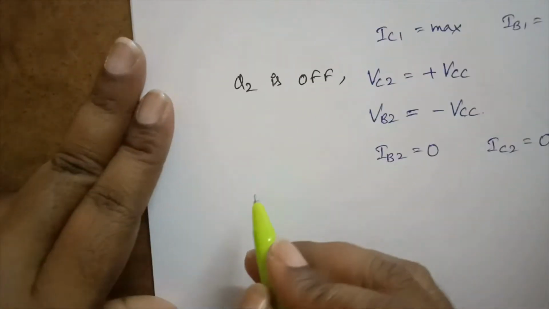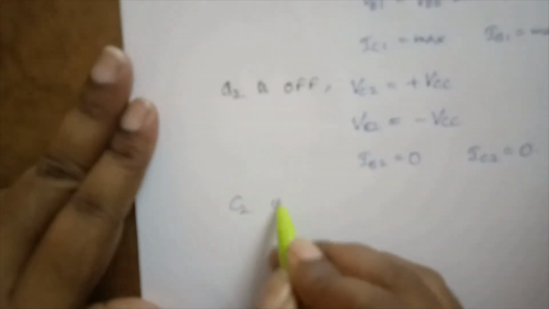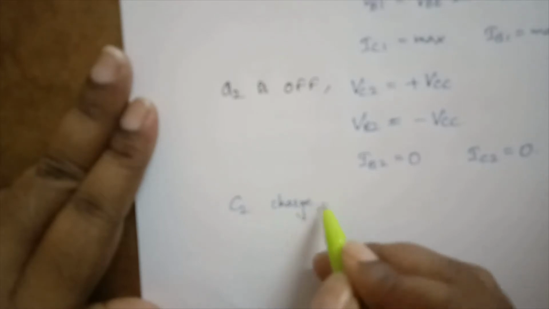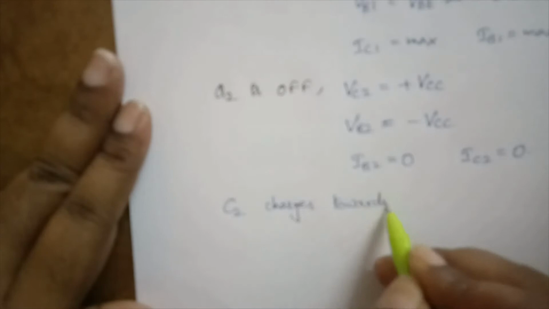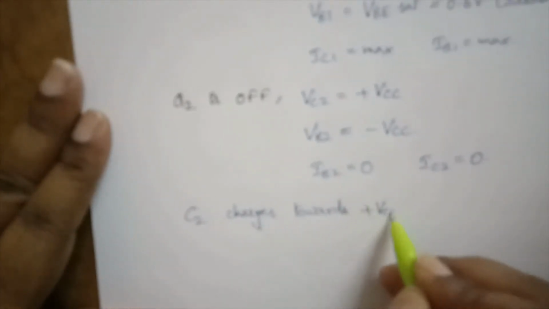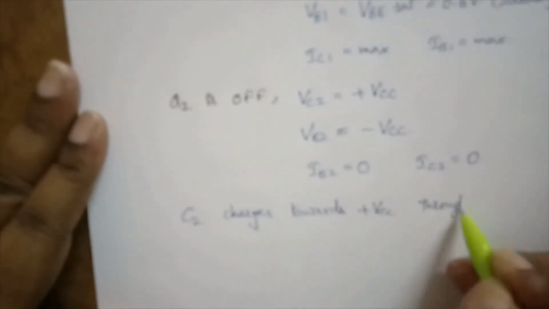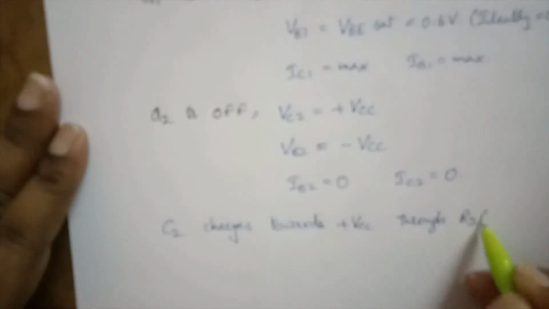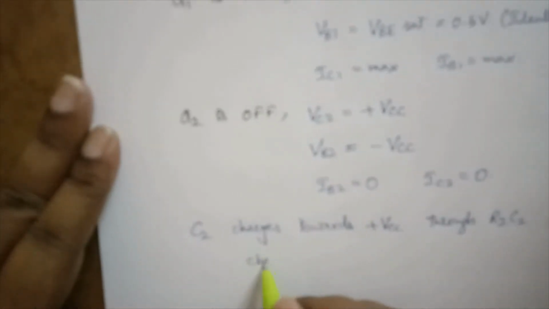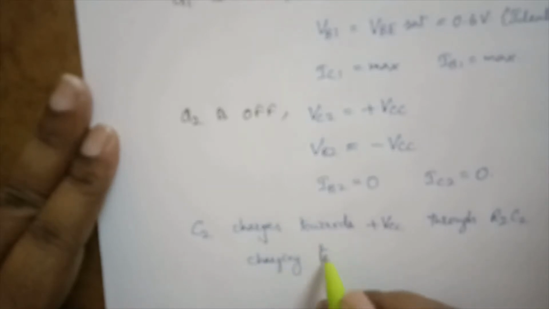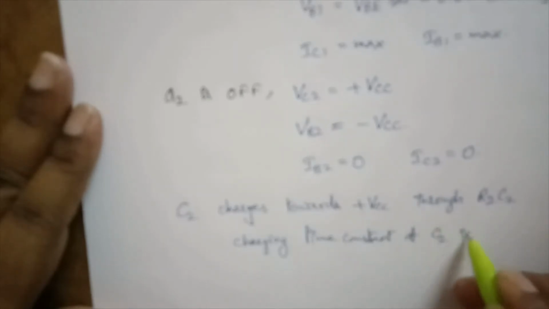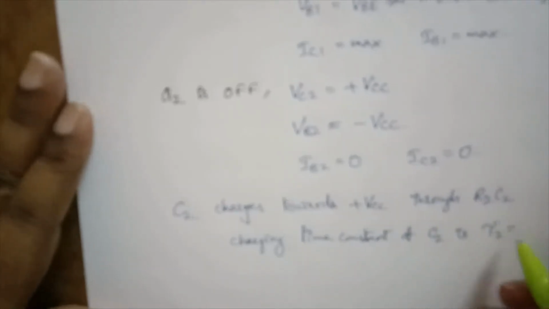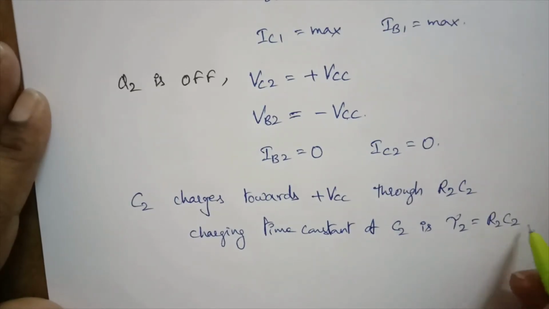Now the capacitor C2 charges towards plus VCC through R2, with a charging time constant of tau 2 equal to R2 C2.